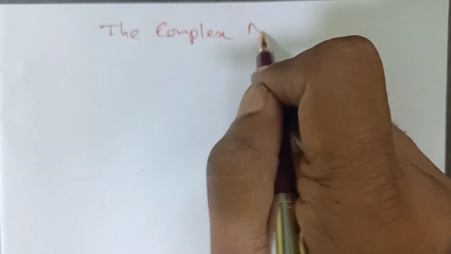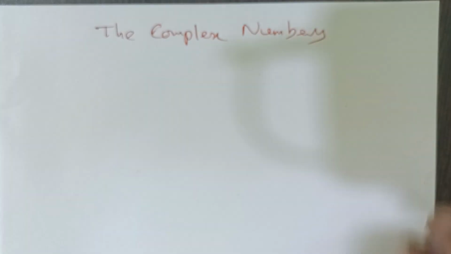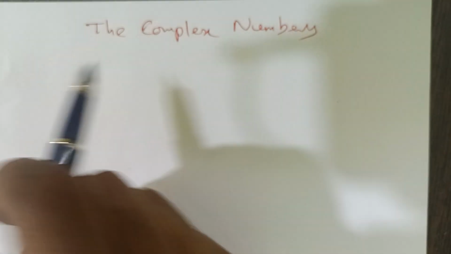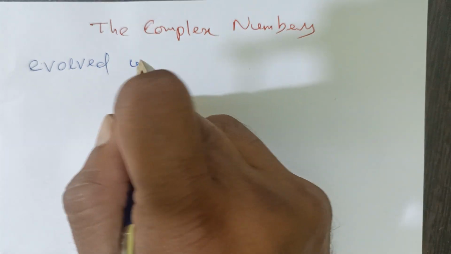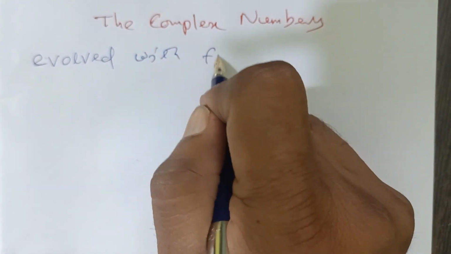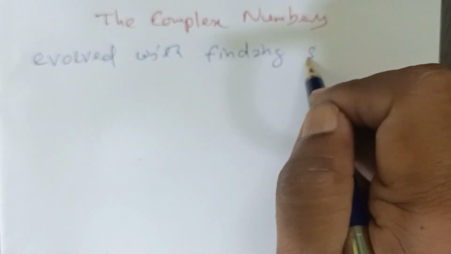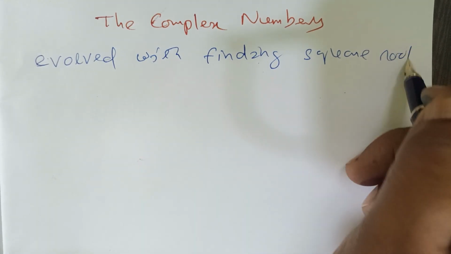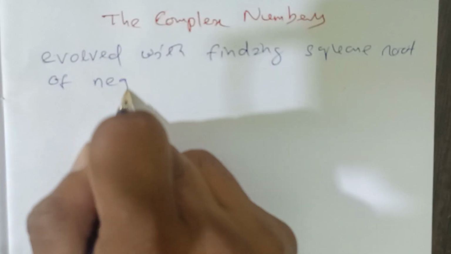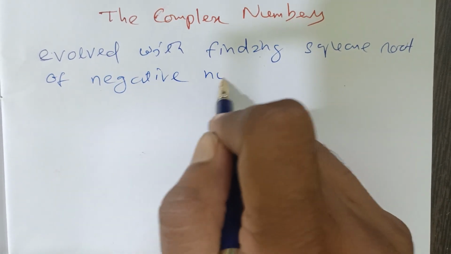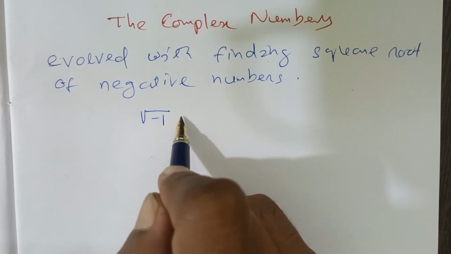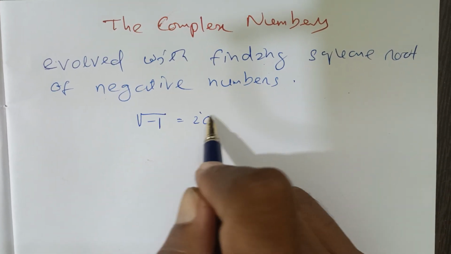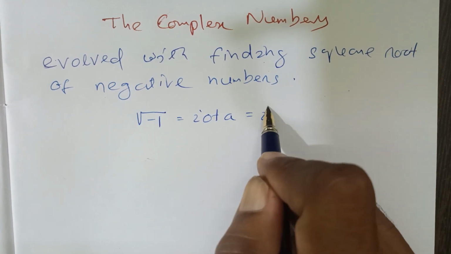The complex numbers evolved with finding the square root of negative numbers. The square root of -1 is called, friends, iota and is denoted by i.